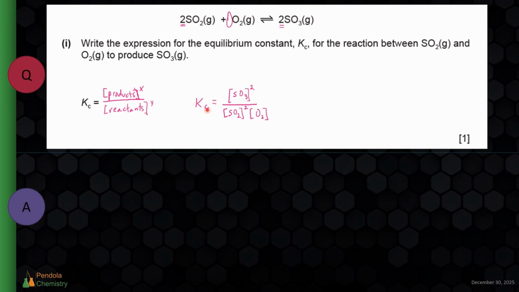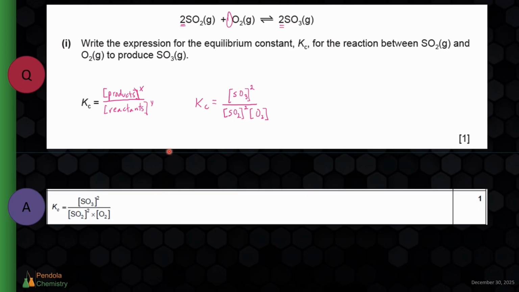So here we have that Kc is equal to SO3 squared divided by SO2 squared times O2. And that's our equilibrium expression for the equation we were given. We always have to remember to put the Kc is equal to, if they don't give it to us, because Kc, the equilibrium constant, is equal to this ratio, as part of the equilibrium expression.